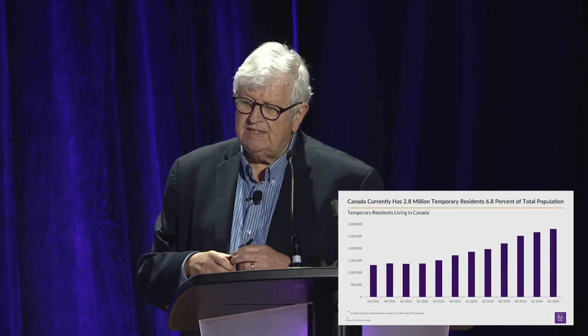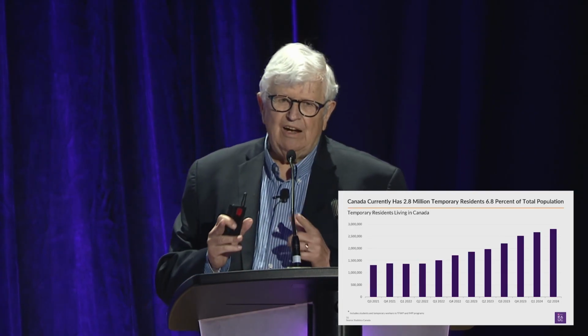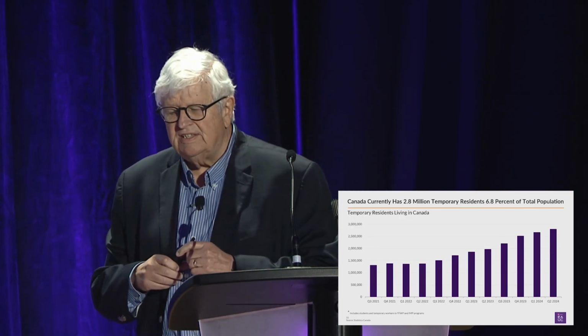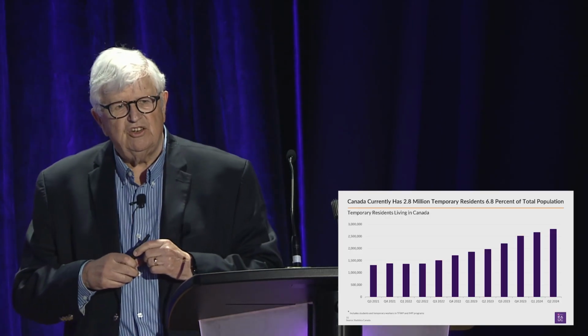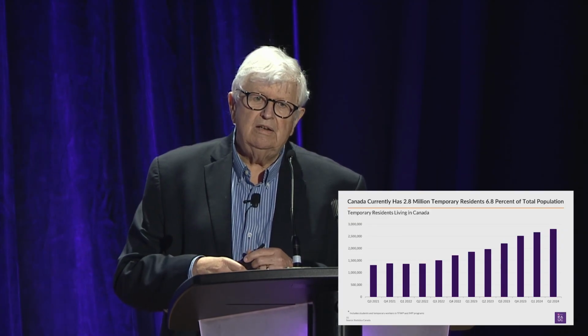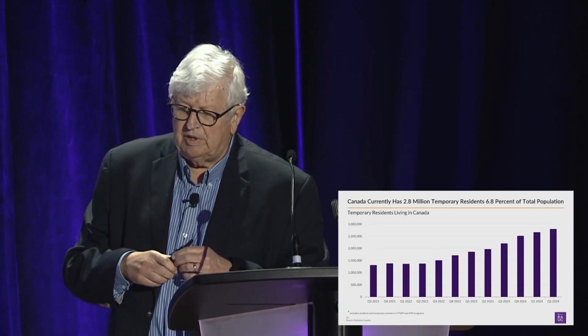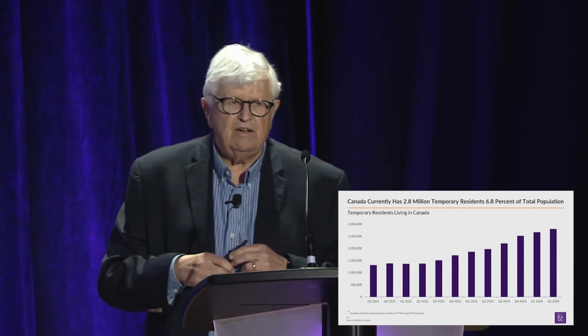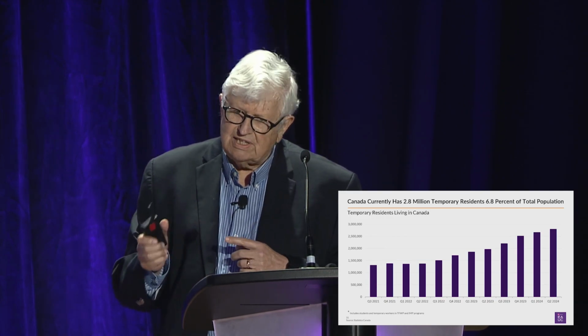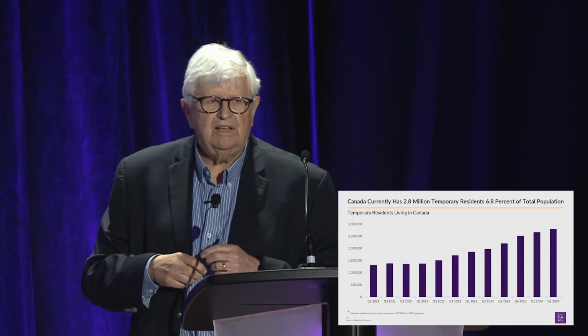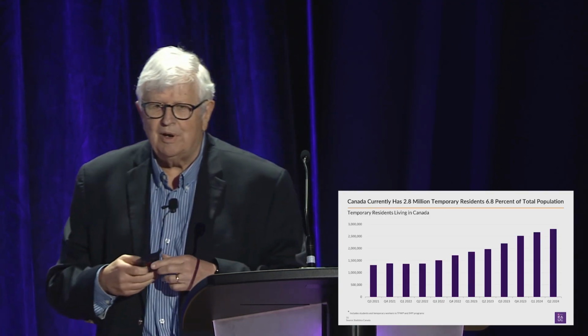What that means is there has to be a net outflow of temporary residents of somewhere around 600 to 700,000 over the next 3 years, if that target were to be met. There's some skepticism about whether the target's going to be met. When the Bank of Canada last announced their projections, they didn't actually buy into exactly the government policy. They didn't say they weren't buying it, but the numbers talk.